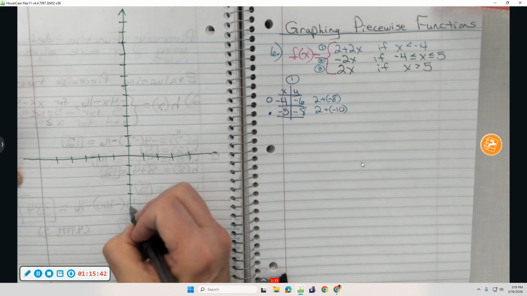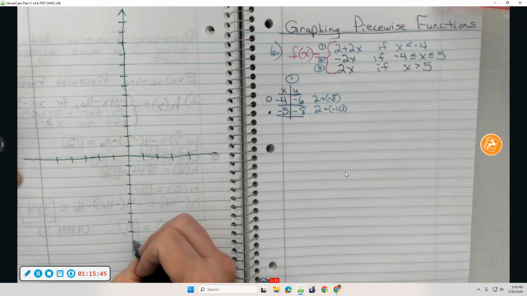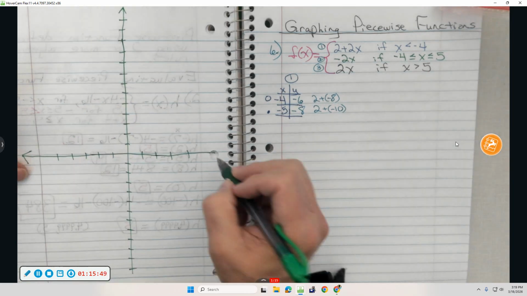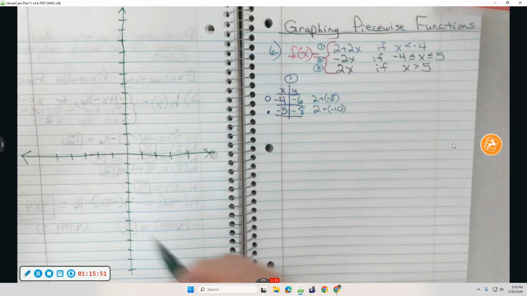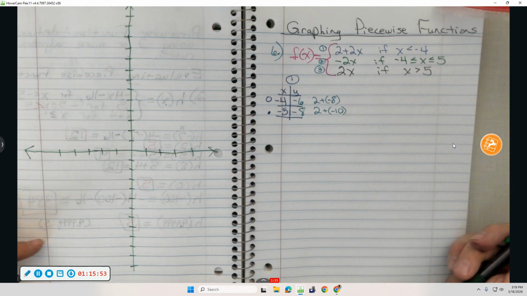This is a big graph. Why don't you go ahead and label those cut points right now on the x-axis?